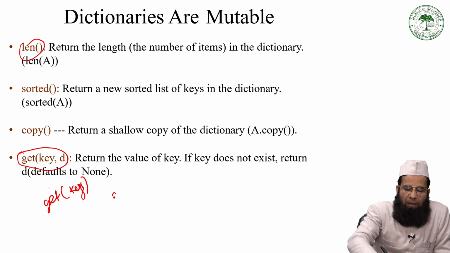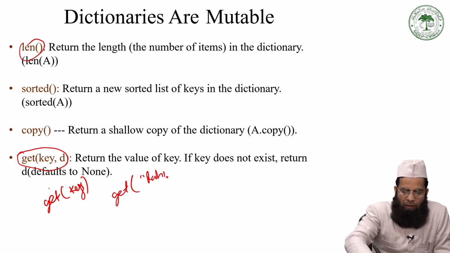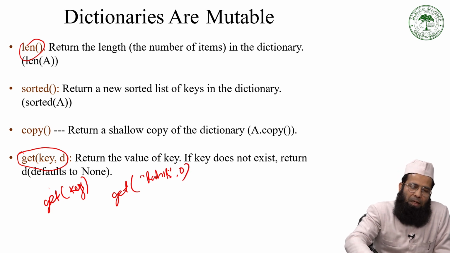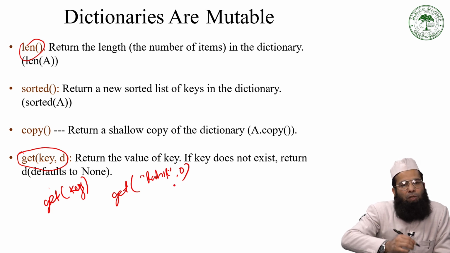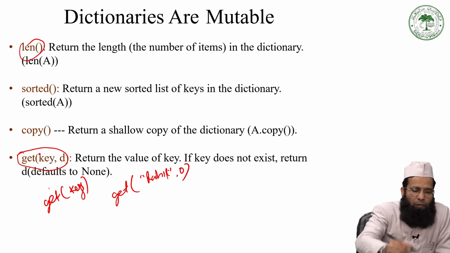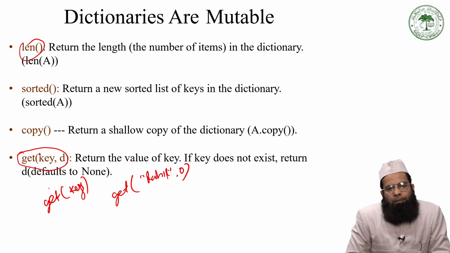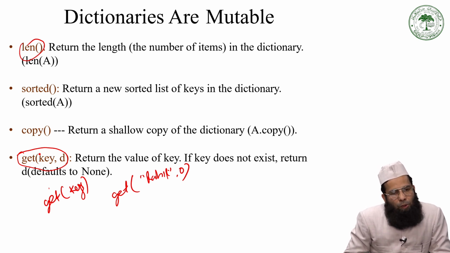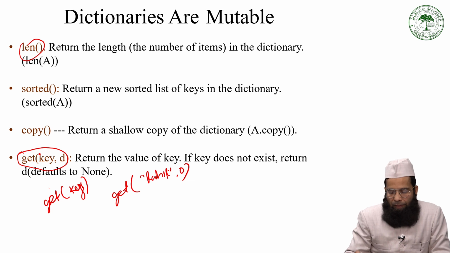Let's say I am giving get('Rahil', 0). If Rahil is present, its corresponding value would be returned. Otherwise, 0 would be returned. So it is a very important method that we will use to solve particular problems.